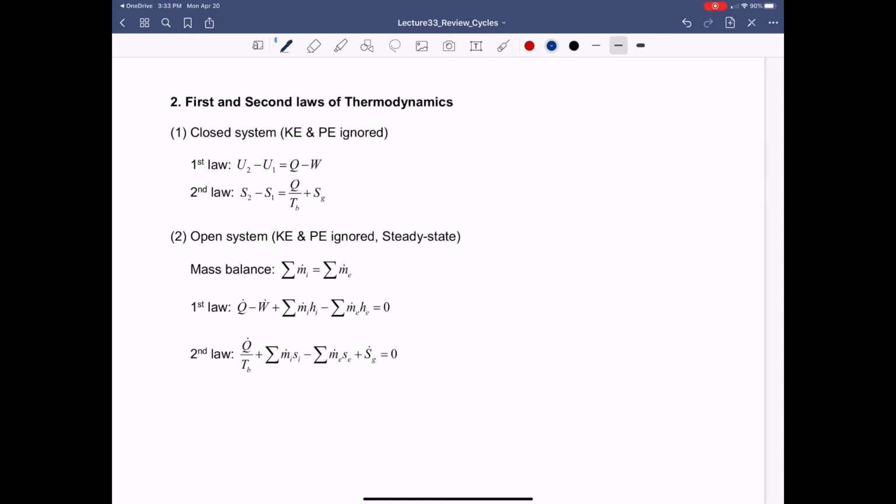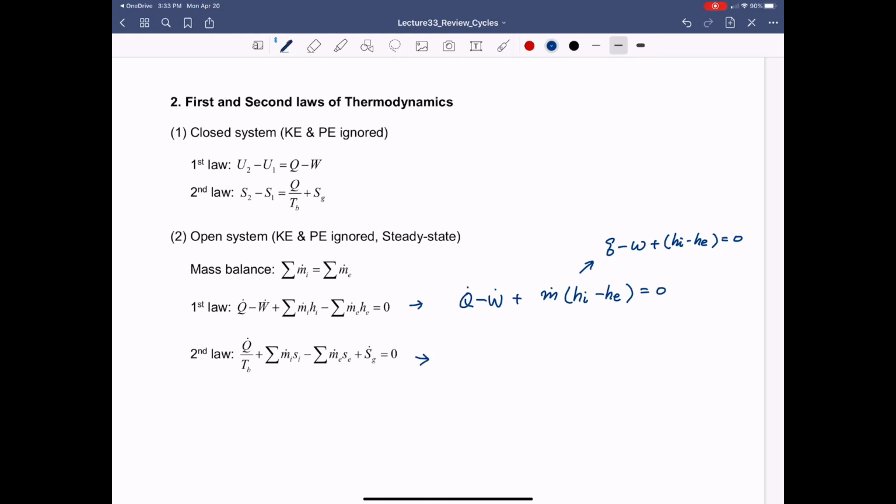It's not always true, but many components have only one inlet and one outlet. So in that case, your first law of thermodynamics can be written like this. Or by dividing this equation by m dot, we have q minus small w plus hi minus he. And that is how we can write the first law of thermodynamics for an open system.